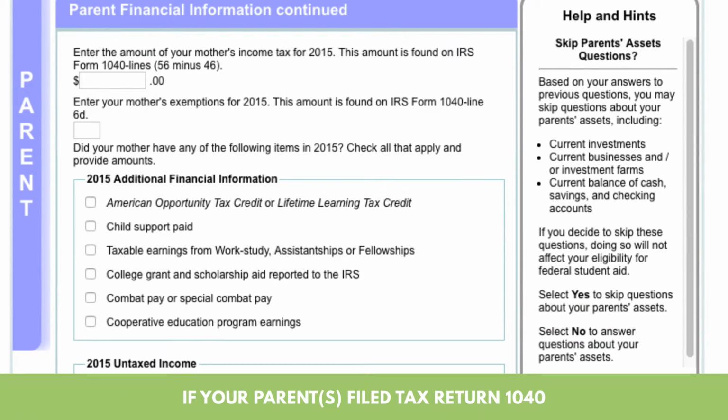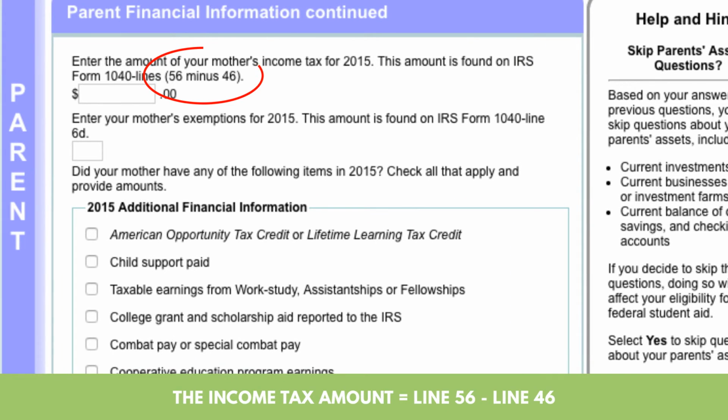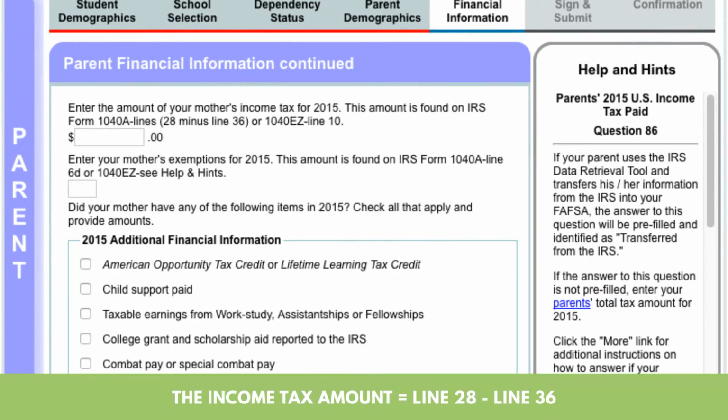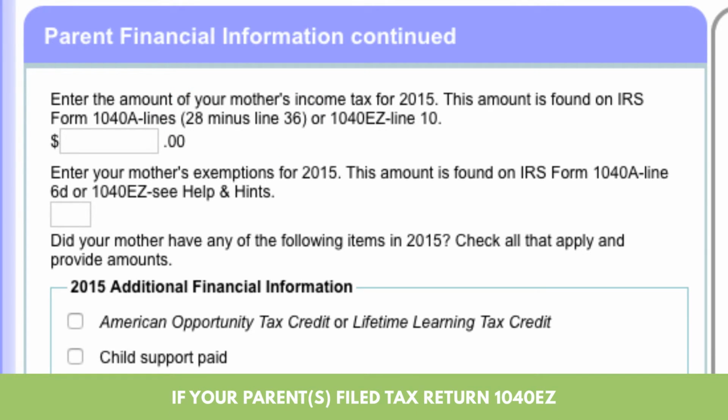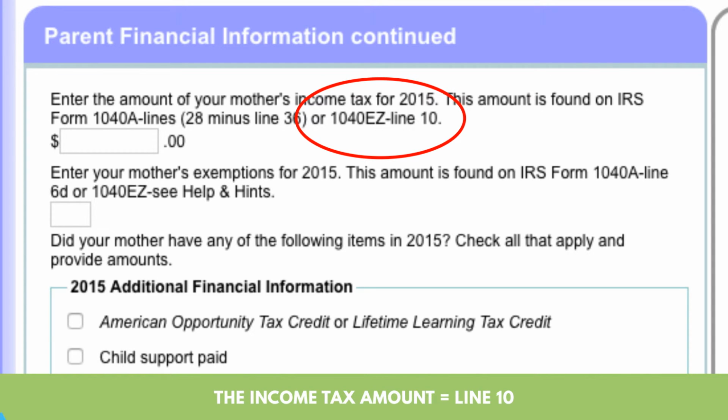If your parents filed tax return 1040, the income tax amount equals line 56 minus line 46. If your parents filed tax return 1040A, the income tax amount equals line 28 minus line 36. If your parents filed tax return 1040EZ, income tax amount equals line 10.